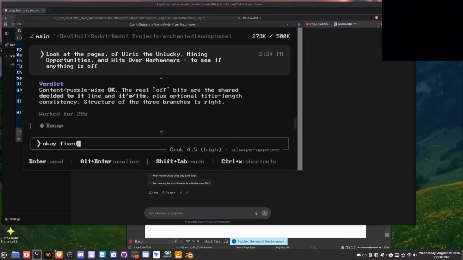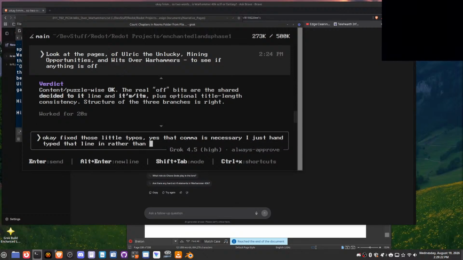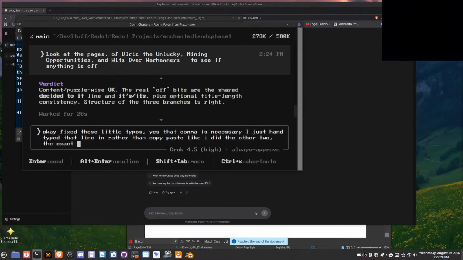Okay, fixed those little typos. Yes, that comma is necessary. I just hand typed that line in rather than copy paste like I did the other two. The exact punctuation is important, which is why I put them in quotes.